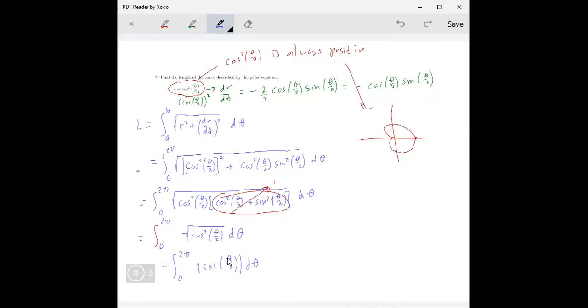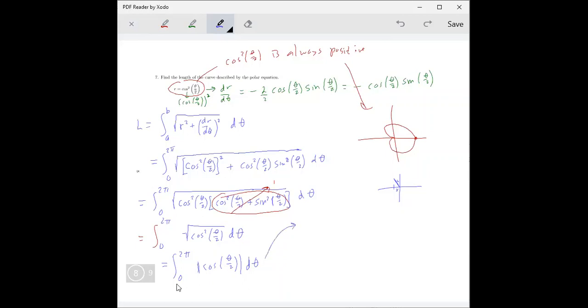When you're a little bit more than π, then you're taking the cosine of a number that's a little bit more than π over 2, and the cosine is the x value over the hypotenuse, and the x values are negative, so that's going to be negative.